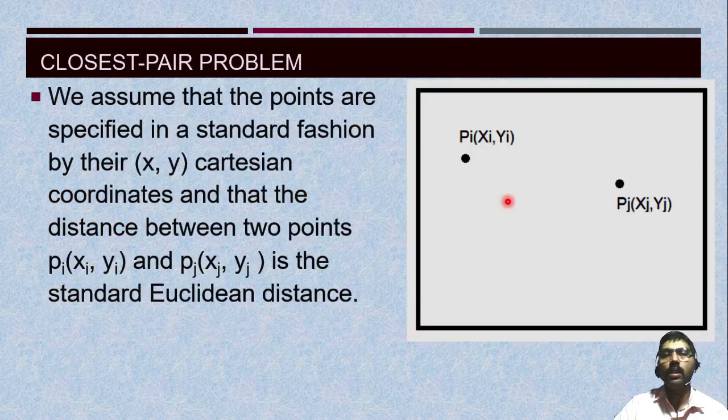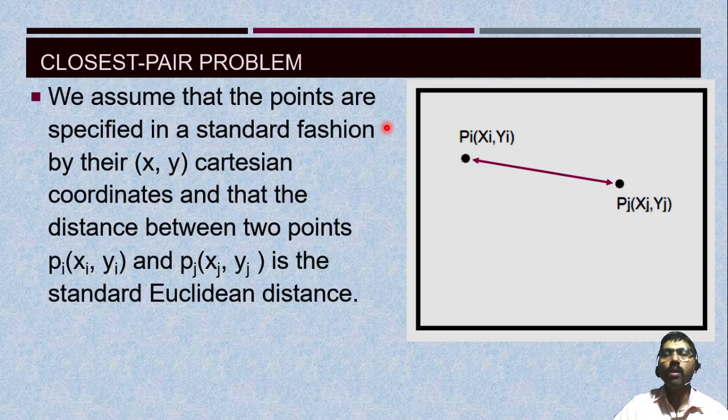Now see, this is a plane, and I have 2 points here, Pi and Pj, indicated by Cartesian coordinates x and y. The coordinates are xi and yi for point Pi, and xj and yj for point Pj. Now I want to find the distance between these two.